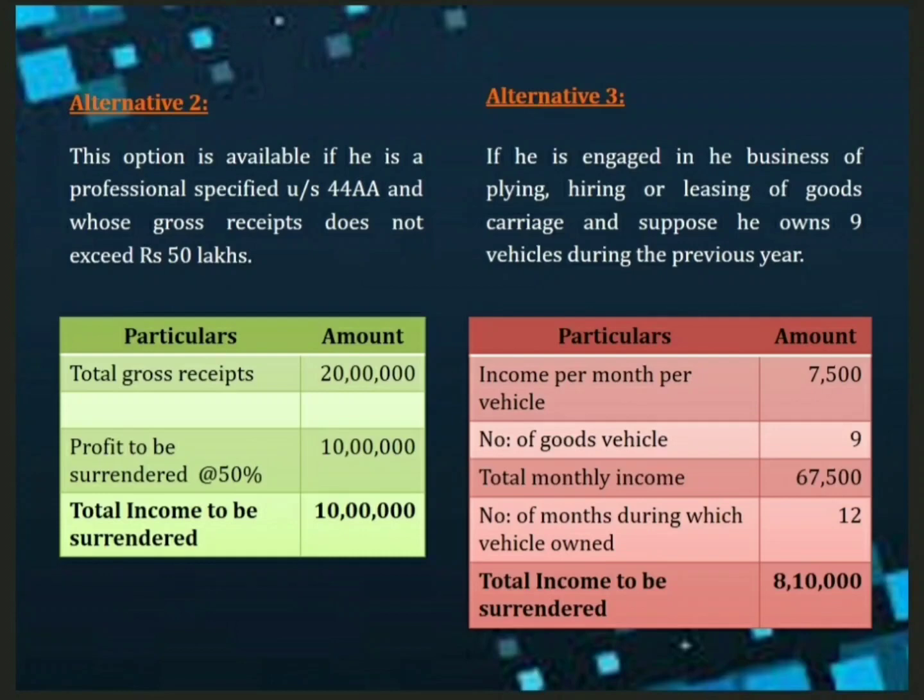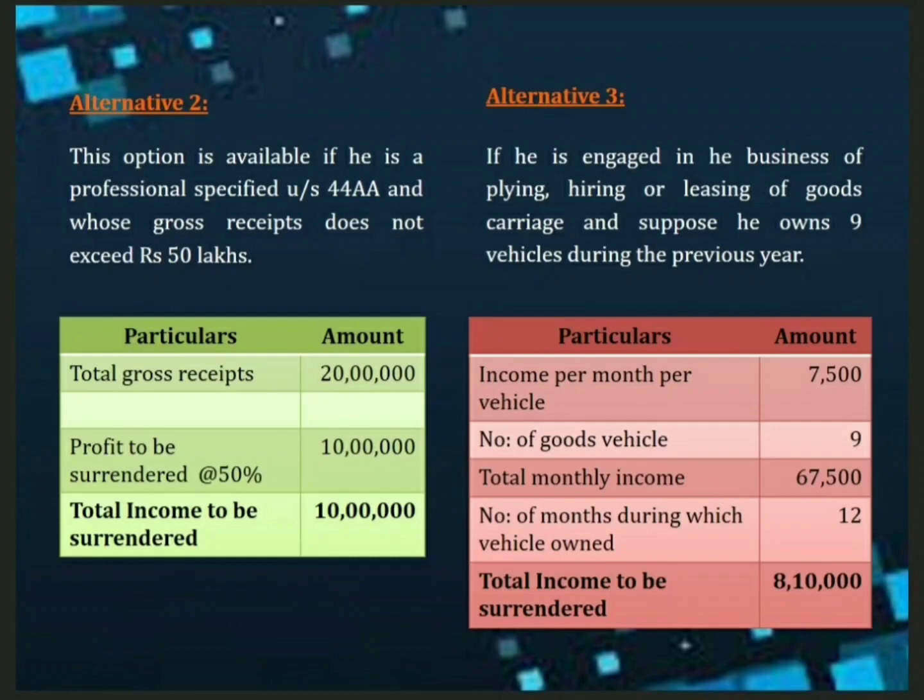In this case, total gross receipts is 20 lakh rupees. So, as per section 44ADA, the presumptive income or PGBP income will be 50% of the gross receipts. That is equal to 20 lakhs into 50%, which is 10 lakh rupees. So if he opts for section 44ADA, his income will be 10 lakh rupees.